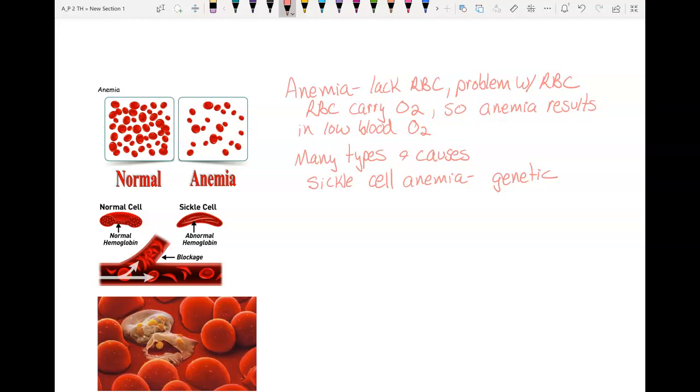So for genetic, remember genes code for proteins. And you have a gene that codes for a protein that ends up determining the shape of your red blood cell. It's the beta globin protein.